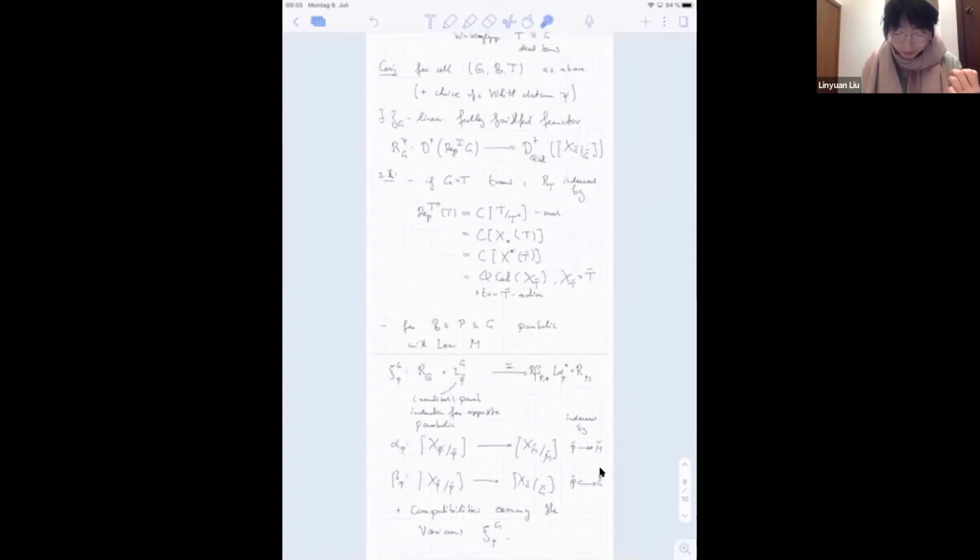So this conjecture is about a functor between the derived categories. Is it possible that for some nice G like GLN, there might be a conjecture about a functor between the abelian categories?